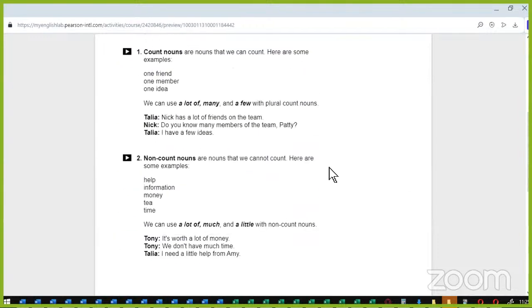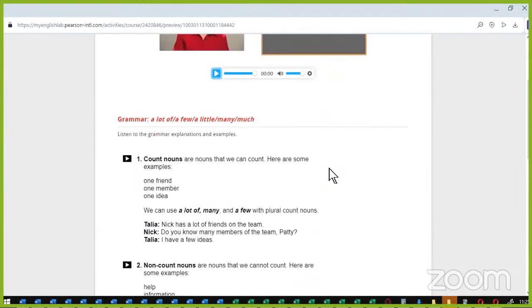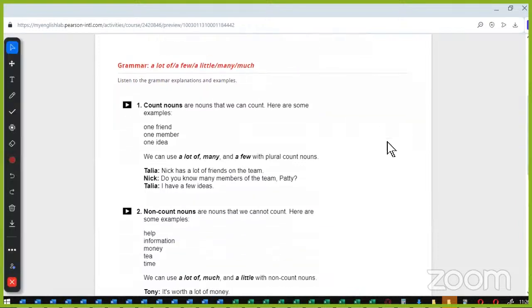Okay. So here, count nouns are nouns that we can count, like one friend, one member, one idea. And we use a lot of, many, and a few to express how many of them we're talking about. Okay. So here, let me write some examples.